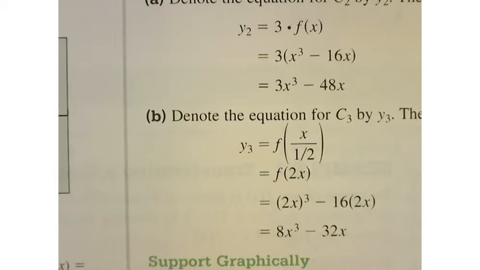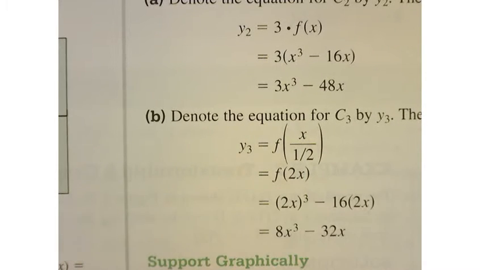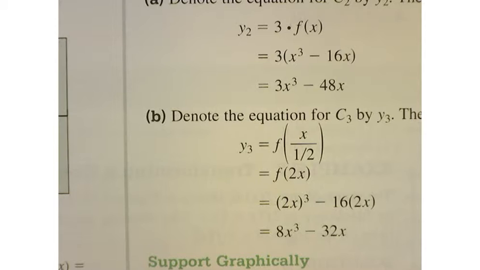Well, when you divide by a fraction, you multiply by the reciprocal, but notice that the 2 is inside the parentheses. So my original function, x cubed, now becomes 2x cubed minus 16 times 2x. Do some fancy math and I get the transformed function as 8x cubed minus 32x.